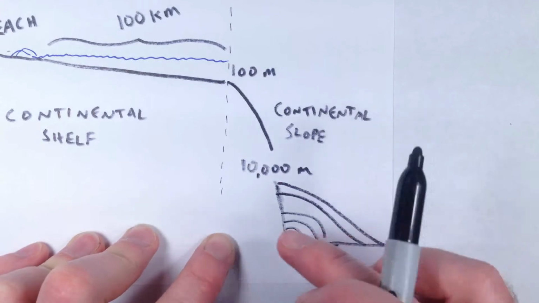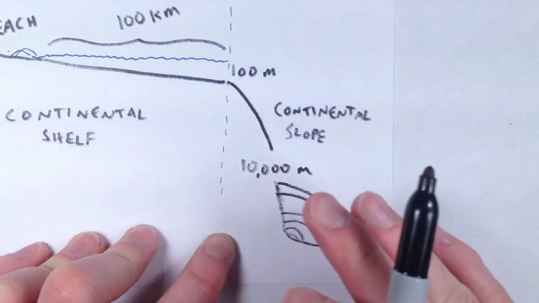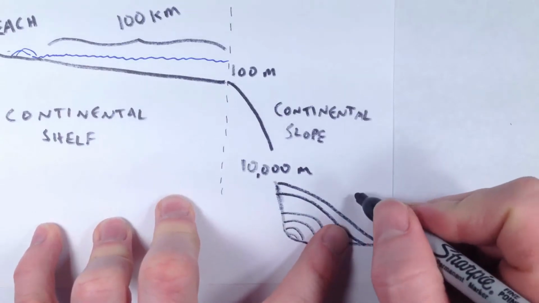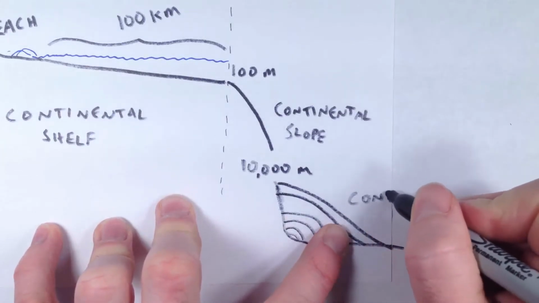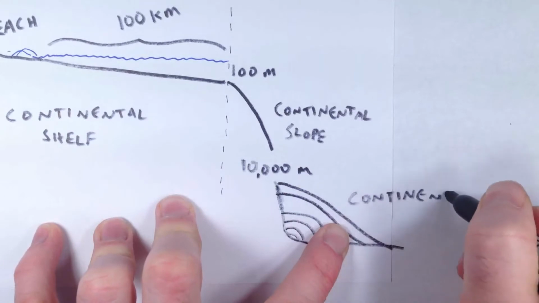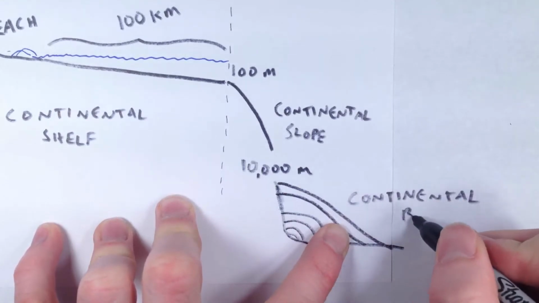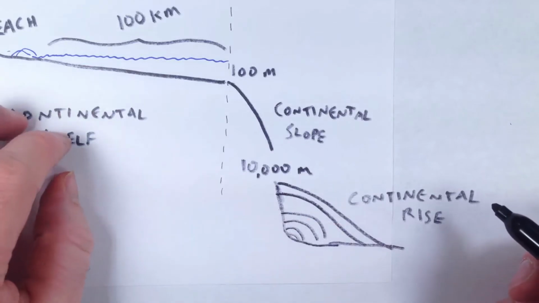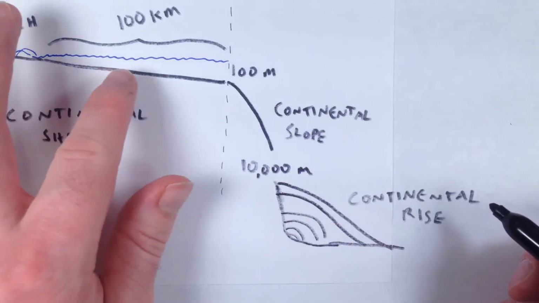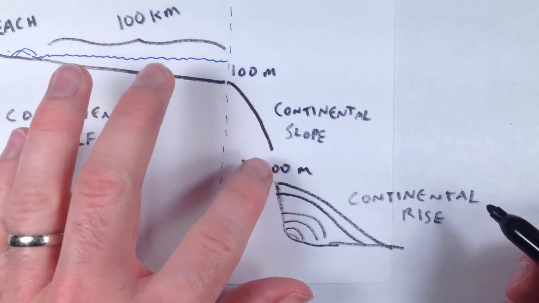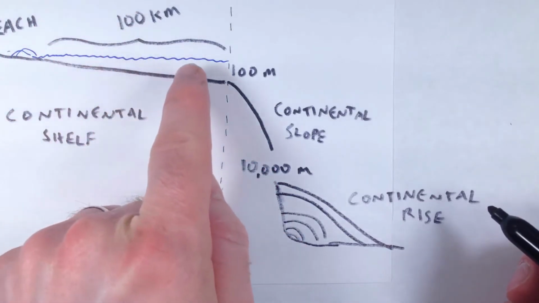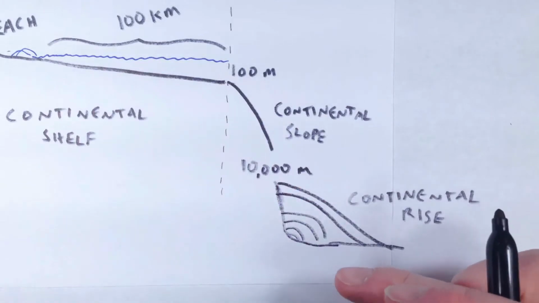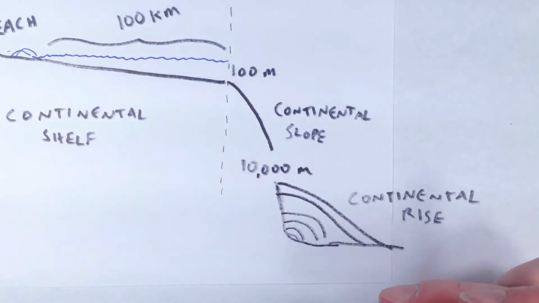It's not the hard stop. It kind of slopes off more gradually. And this is called the Continental Rise. Okay, so Continental Shelf heads down the Continental Slope, and all the erosion that washes sediments down the Continental Slope collects at the bottom, and that is called the Continental Rise.